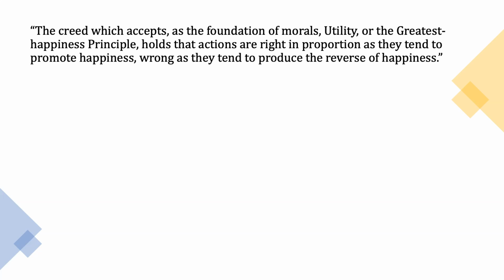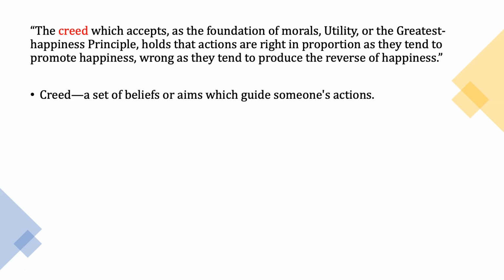Okay, so when we start trying to figure out what's going on in this sentence, let's start by maybe identifying a word that we're unsure about. So maybe we know what creed means, maybe we don't. Here, I think the definition that most closely suits what we're looking for is a set of beliefs or aims which guides someone's actions.